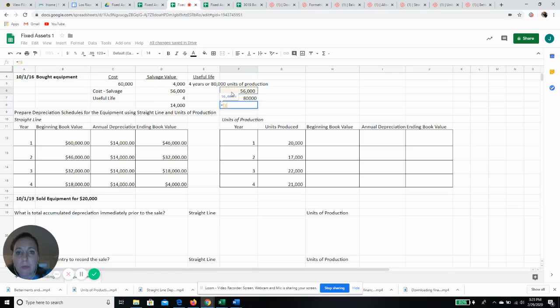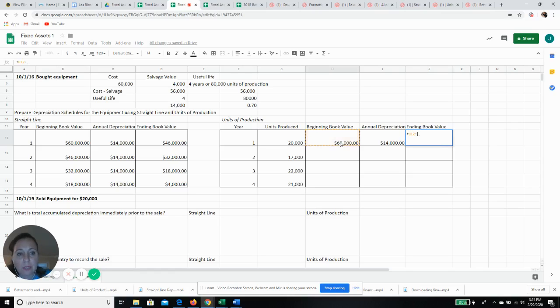So my rate of depreciation is $56,000 divided by 80,000 units, or 70 cents per unit. Okay, my beginning book value is my cost of 60,000 minus my annual depreciation in year 1. I produced 20,000 units times 70 cents a unit, giving me annual depreciation of 14,000.